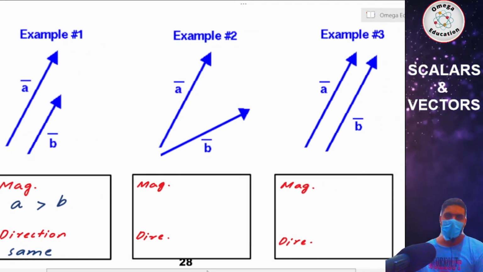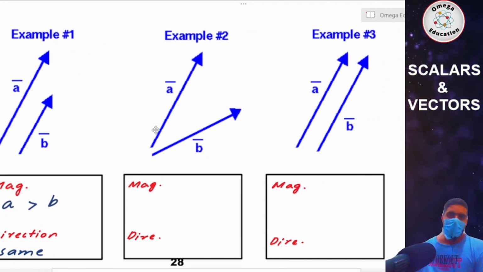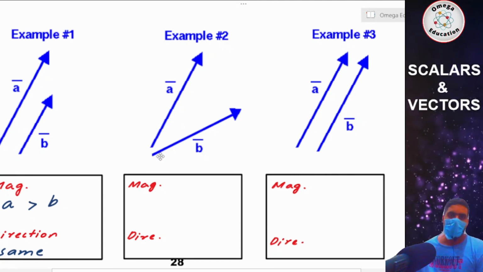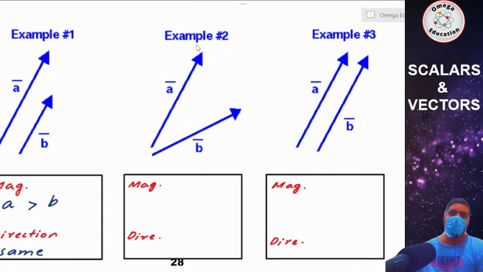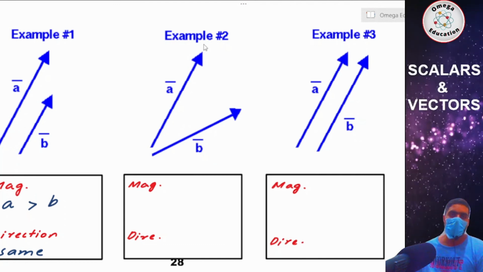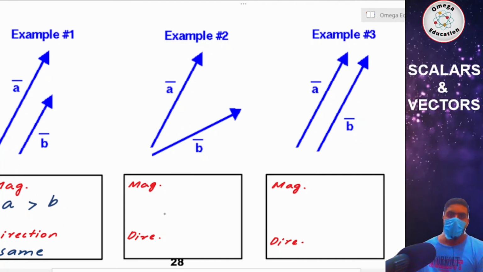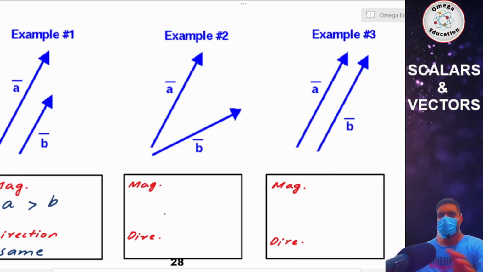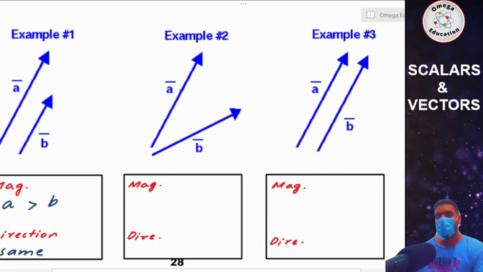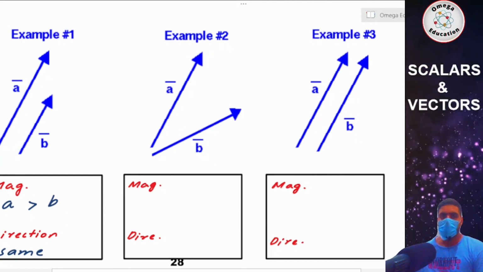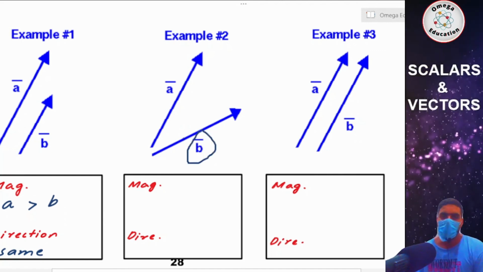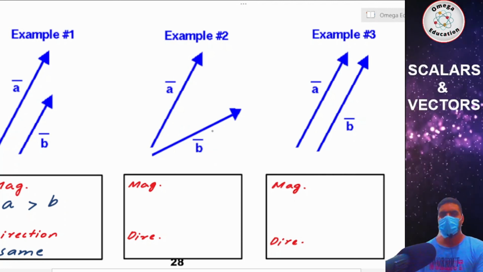For the next one, if you take a ruler and measure the length of vector A and then vector B, you'll notice that they have the same length. When I was drawing it, I just copy pasted vector A and named the copy vector B, to ensure they have the same length.